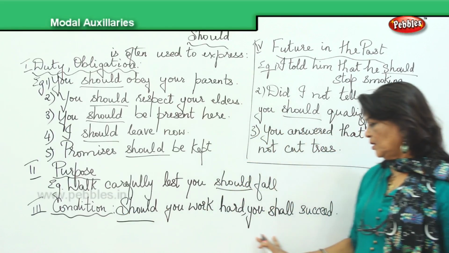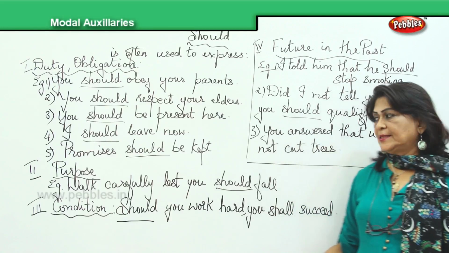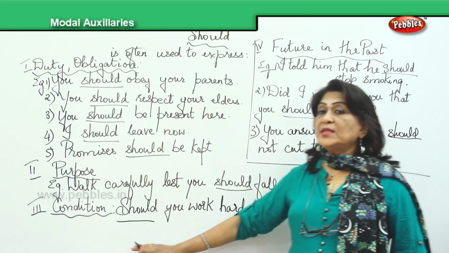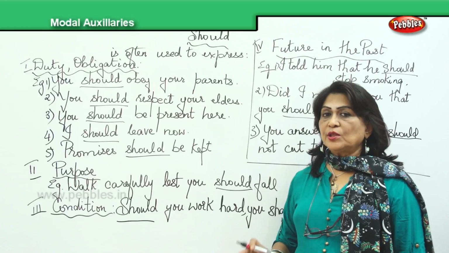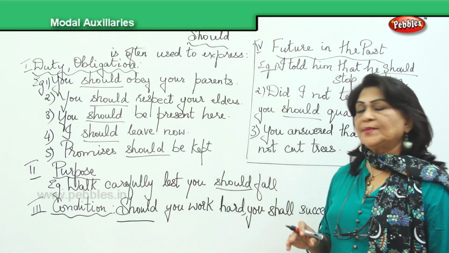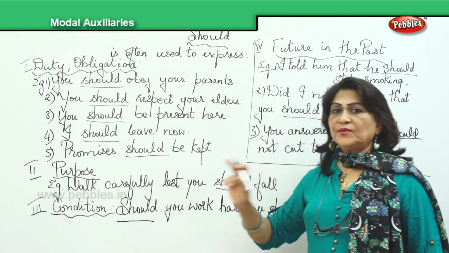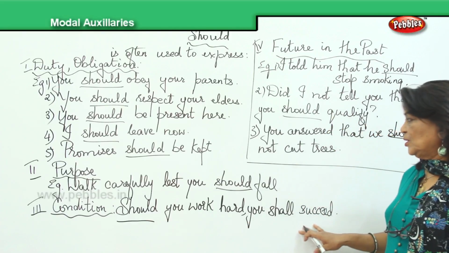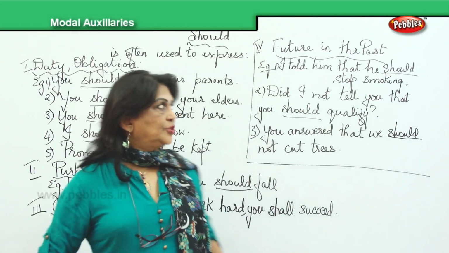If you work hard, you shall succeed, or should you work hard, you shall succeed. It talks about condition. Actually, when we use if here, we use the conditional clauses. Conditional clause, we will do that later. All the different types of clauses we will do later. But here, instead of should, we can also use if. Should you work hard, you shall succeed. This is the third usage.